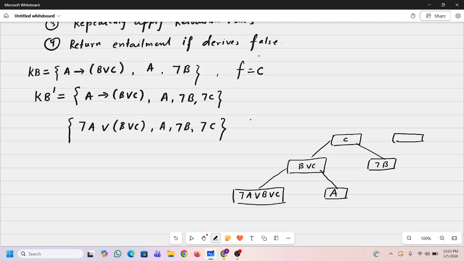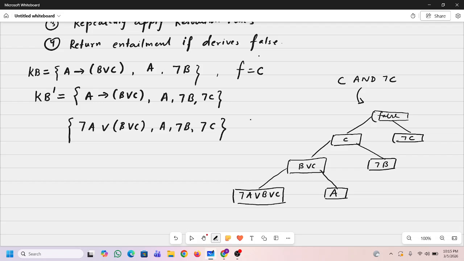Now I will take negation of C, and if I work through C and negation of C, I will be left with false. Why are we left with false? Because this means you are doing C and negation of C: if C is 1 then it will be 0, if this is 0 then it will be 1, so this gives us false.